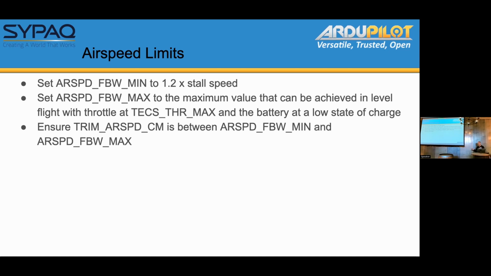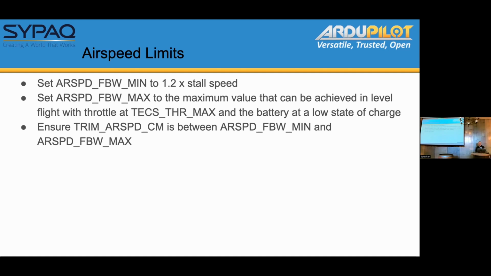You will end up with a scenario where the height loop is trying to pull the nose up to gain height. The speed control is trying to push the nose down to maintain speed, and you could be flying 15 metres below your demanded flight path, or 20 metres below, with the throttle at maximum.